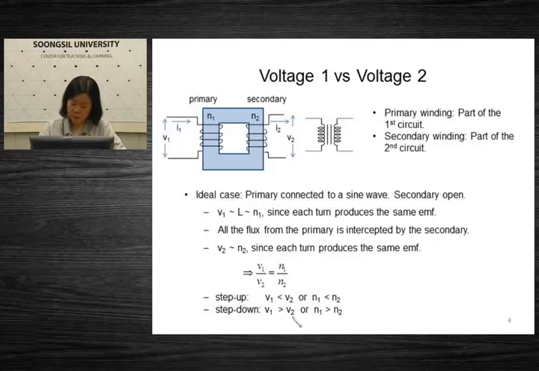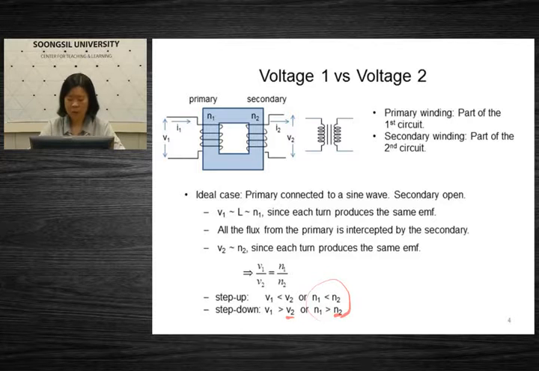When V2, the voltage at the secondary, is smaller than V1, that means we are decreasing the voltage, and in such a case N2 will be smaller than N1. So we can use this ratio between N1 and N2 to step up or step down the voltage.